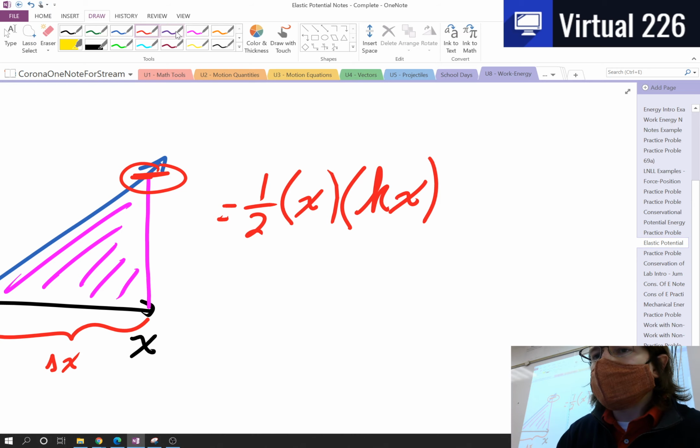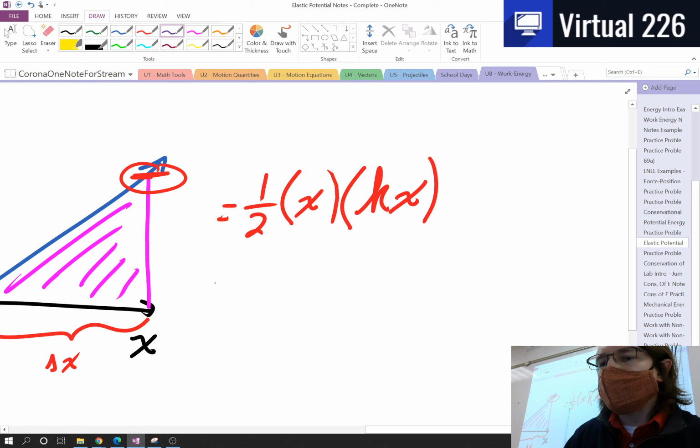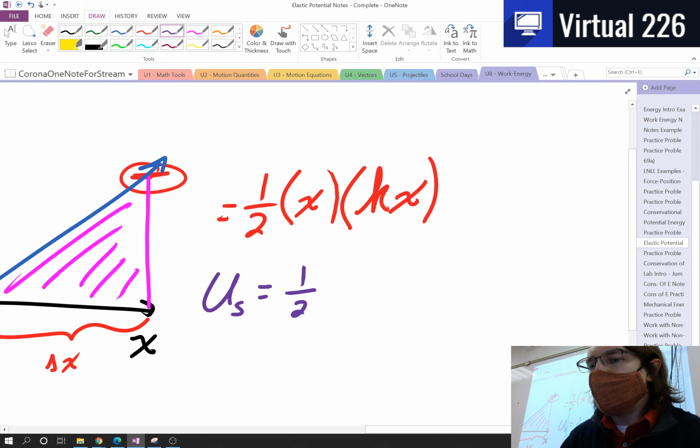So while this is equal to the work, if that's work that I've put into the spring, I've stored that energy in the spring. So this gives us quickly that the spring potential, or the elastic potential energy, is equal to 1/2 k, and these x's get multiplied together, so we get x squared.